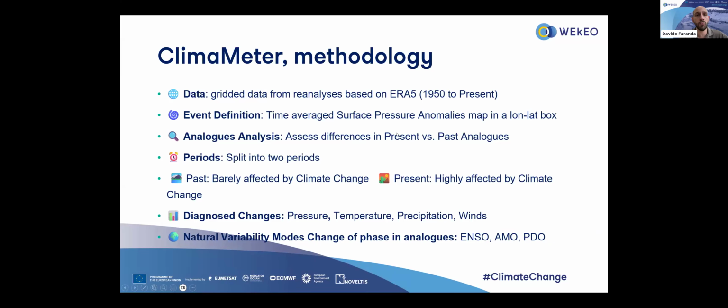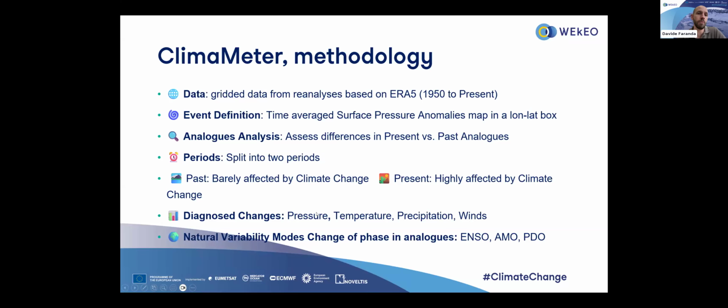And therefore, what we do is that we assess the difference between present and past analogs, having the hypothesis that the past is barely affected by climate change and the present is highly affected by climate change. By looking at the difference between pressure maps associated with the analogs, we can also look in cascade at the different hazards during these analogs.